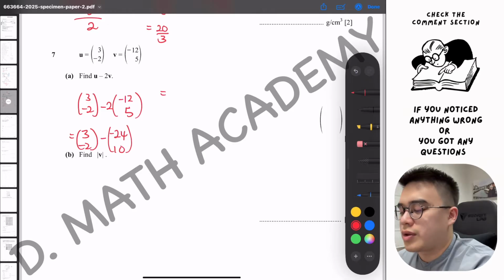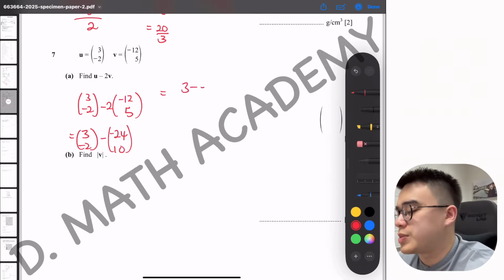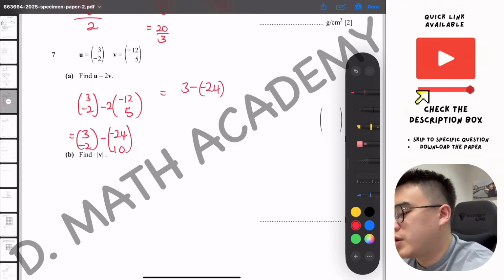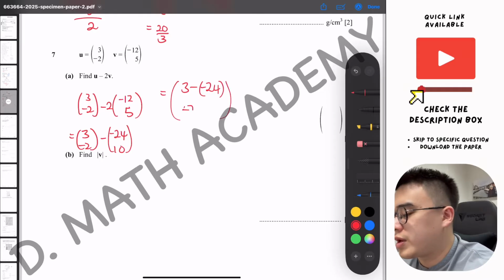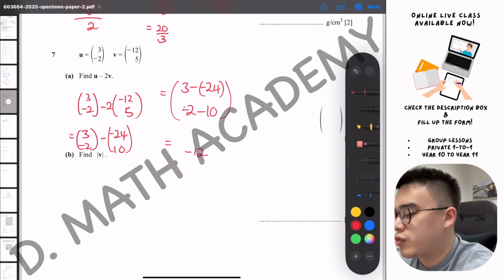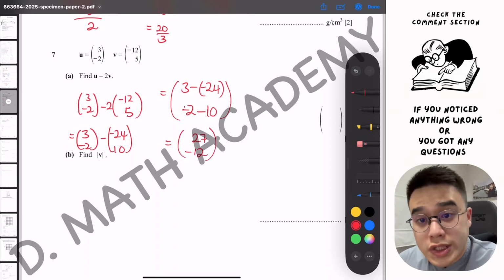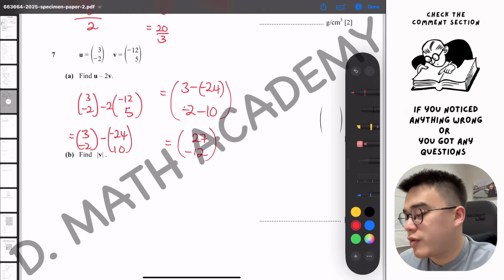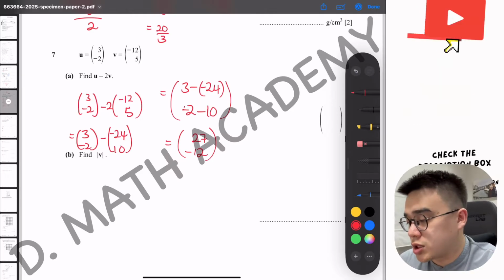Okay, the top part compared to the top, minus 24. And then the bottom part, we have negative 2 minus 10, which makes the answer turn out to be negative 12 and 27. So 27, negative 12 is your final answer.